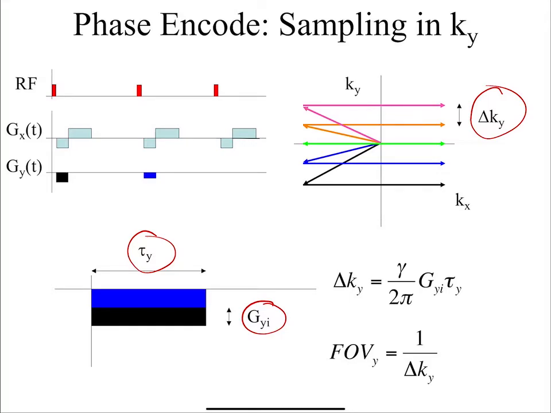If we're given the FOV of y, then we know delta ky. The incremental area we care about is the area of one of these, because each time we add on that much area. So that's the delta ky. In this case, the area is just GYI, which stands for GY incremental, times the width tau sub y. Once again, just an area.